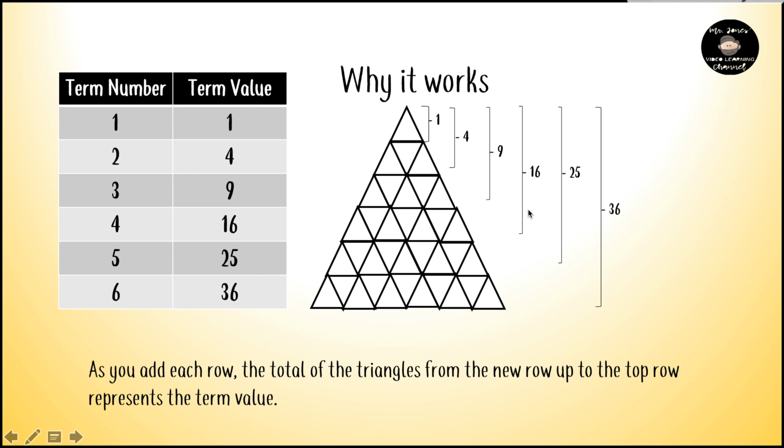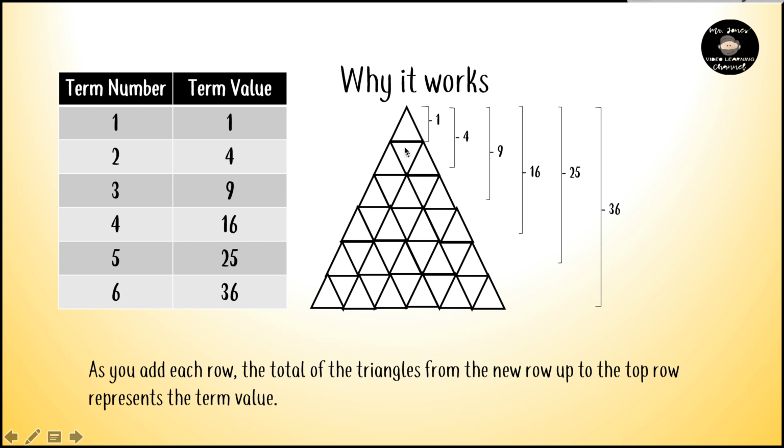So that solution works because it represents the rows, but when you move to term number 2, basically you're looking at rows 2 and 1. So for term number 1, it's just 1, and that's the single triangle on top. When we move down to term 2, it's 4, and we go from row 2 all the way up.